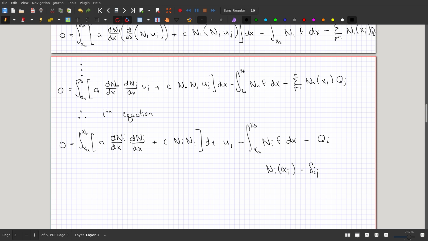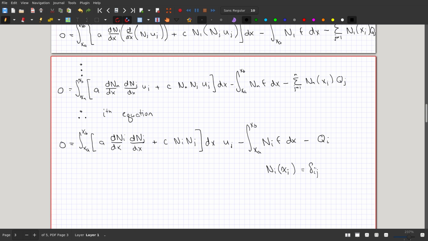Okay? So, key thing here is notice this equation here, right? If I were to substitute this piece into the ith equation, then I would have N_i N_j, right? But we already showed that that has a Kronecker delta property, right?